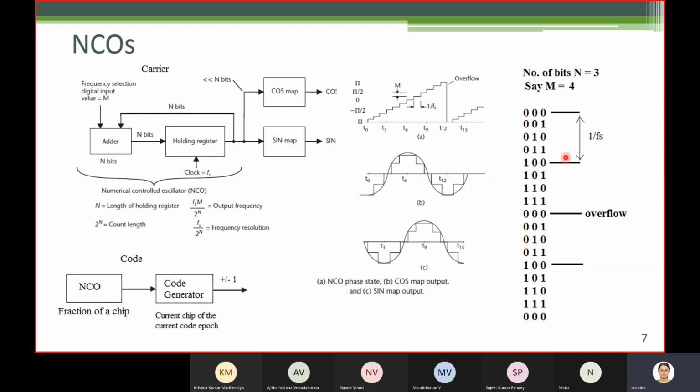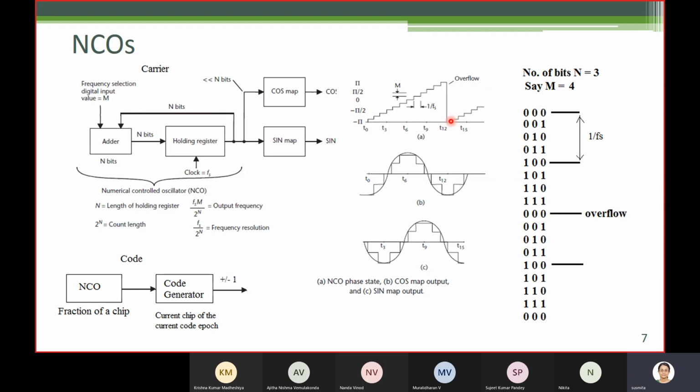The duration of this is 1 by Fs, because each clock pulse is of this duration. When the next rising edge occurs, it will again be incremented by 4 and its content becomes 0. So overflow occurs and it is reset.